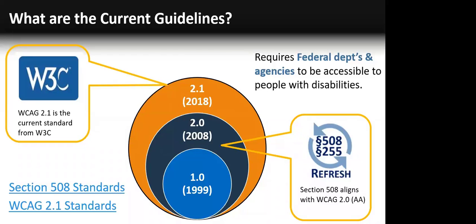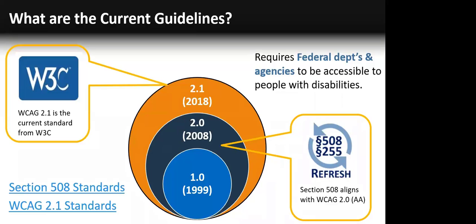Then in 2008, there was a pretty extensive update to Weekag, and that was a 2.0 standard. And it was at that point that Section 508 liked the 2.0 standards so much that they aligned all of their checklists with the Weekag 2.0 standard.